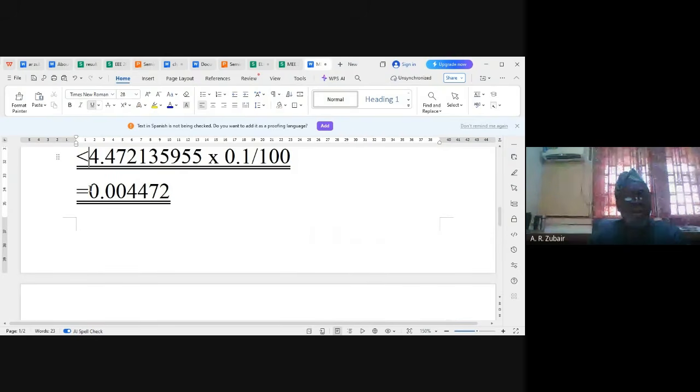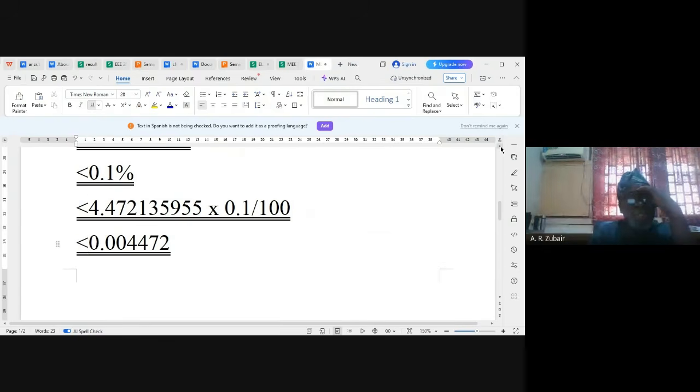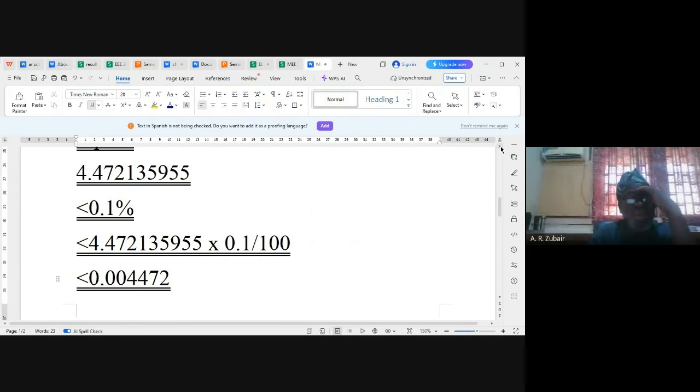So what approximation can we do that can make our error less than that?